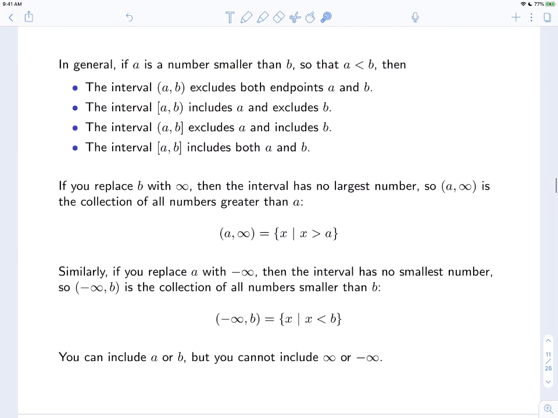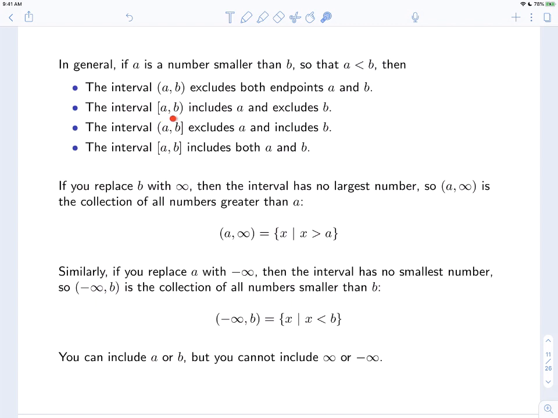In general, if a is a number smaller than b, so a is strictly less than b, then the interval parenthesis a comma b parenthesis is the interval of all numbers between a and b, excluding both of the endpoints a and b. If you use parentheses for both, you're excluding both.